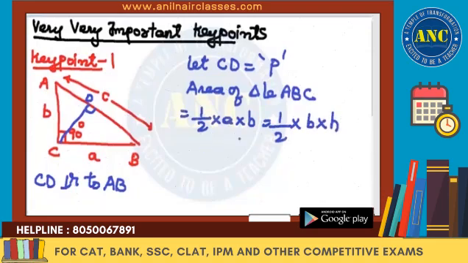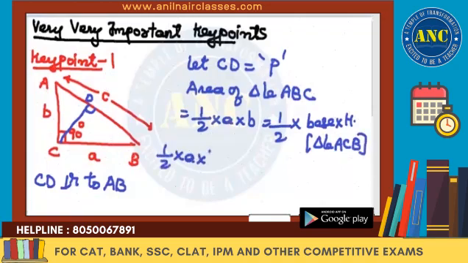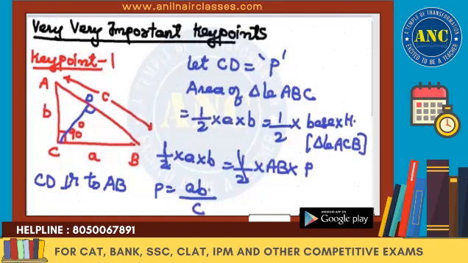So for triangle ACB, half into a into b, and if I take AB as the base, then the height is CD, the perpendicular. So half into AB into P. Half cancels. AB is nothing but c. So P is nothing but ab by c.